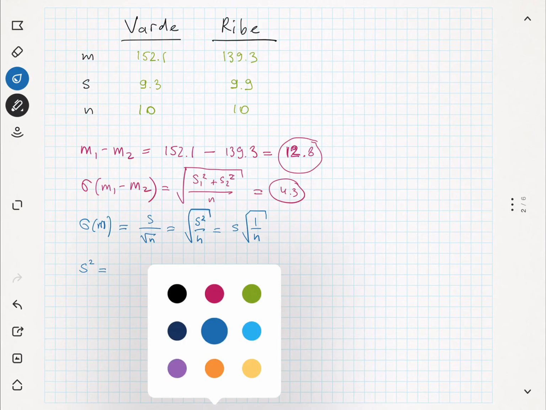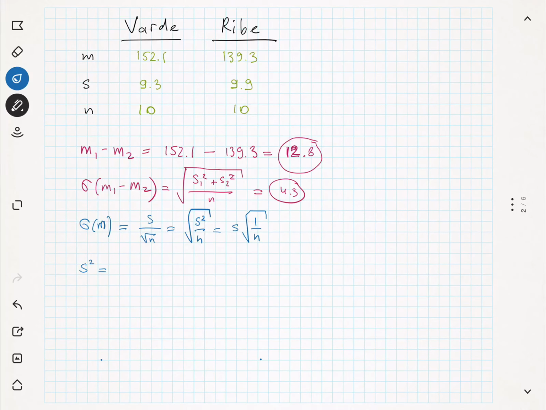So it will be s1 squared plus s2 squared divided by 2. That's the average, right? And because we have two samples, instead of the square root of 1 over n, we should write the square root of 1 over n1 plus 1 over n2. Because we have the same n, it will be 2 over n, because we have the same sample size.